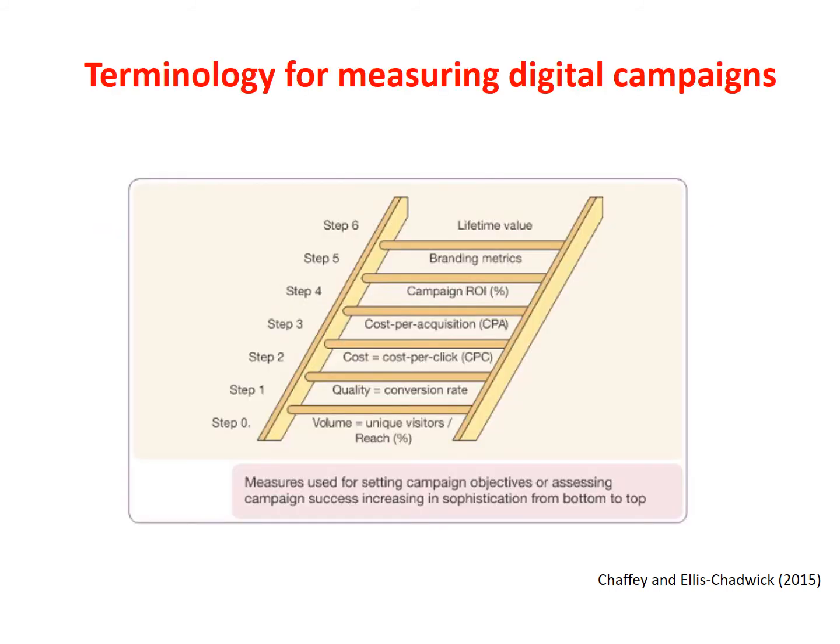So when we look at terminology for measuring digital campaigns, we can see at the bottom step, we're looking at unique visitors, and then we're looking at the conversion rate.